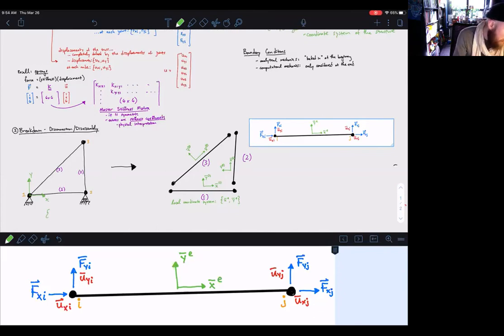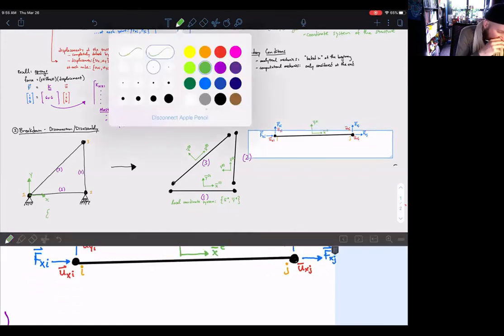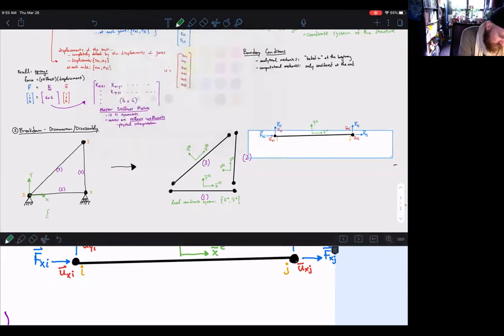Think back to springs just for a moment. This will be helpful for us.